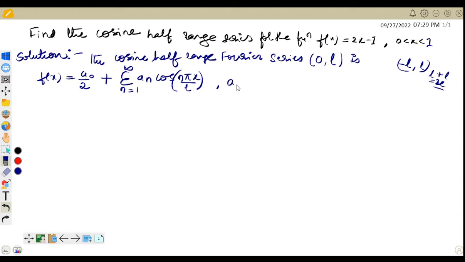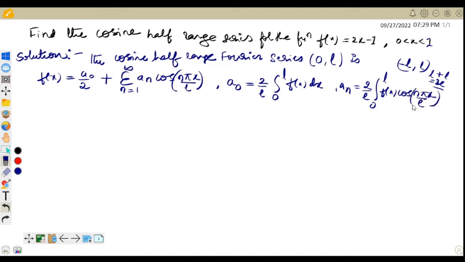The Fourier coefficients: a naught equals 2 by L, integral from 0 to L of f of x dx, and a n is equal to 2 by L, integral from 0 to L of f of x into cos n pi x by L dx.